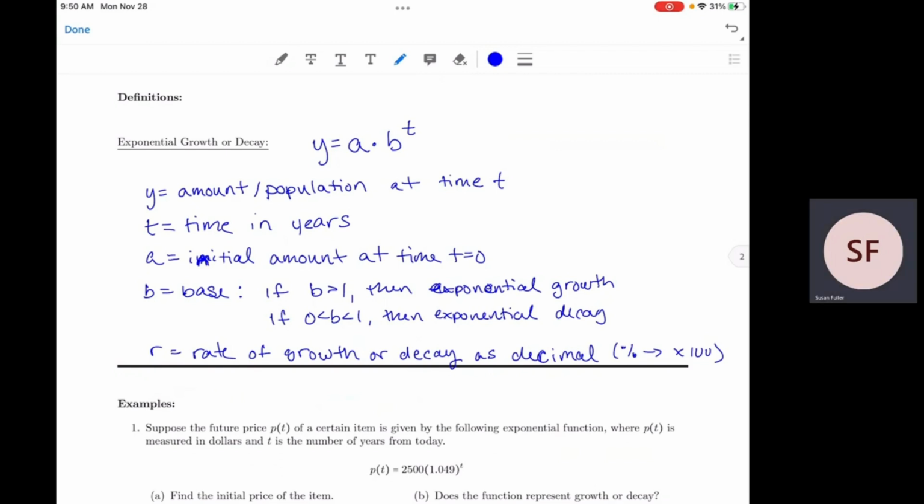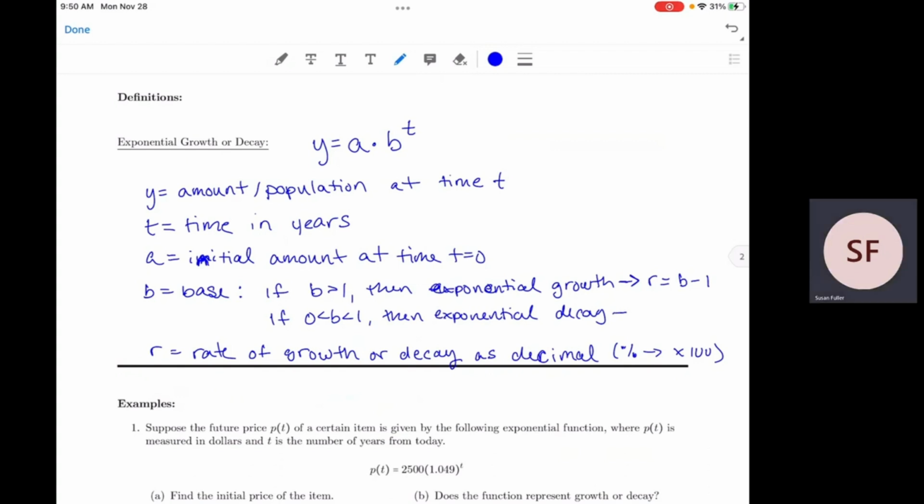Now, to find this rate of growth or decay, if you have exponential growth, if your B value is greater than 1, then our rate of growth is going to be B minus 1.